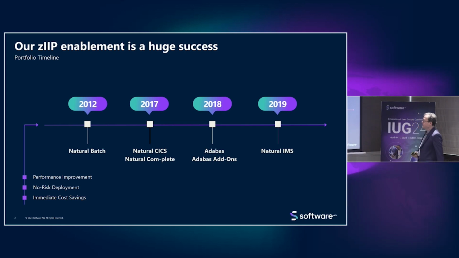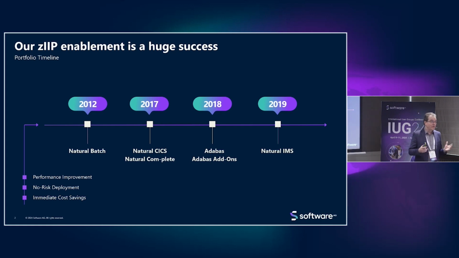But then we grow the family. In 2017, we started with Natural CICS and Natural Under Complete to address another question. So we also support online environments, which was kind of a demand from the market as we saw the progress of the portfolio. And in 2018, Adabas starts to be supported, and also the Adabas add-ons.